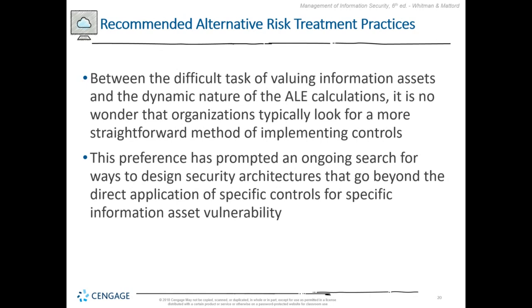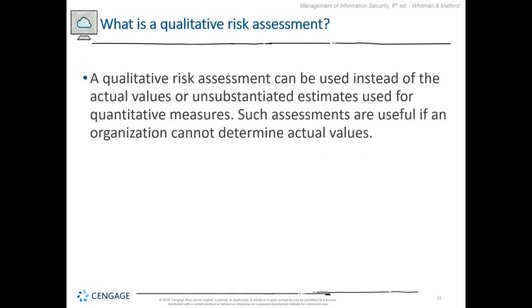So organizations look for more straightforward methods of implementing controls as they're going through and looking for the different types of controls for specific information asset vulnerabilities. One of the things we can look at is a qualitative risk assessment. This can be used instead of the actual values or the estimates used for quantitative measures. So these assessments are useful in an organization that cannot determine the actual values.